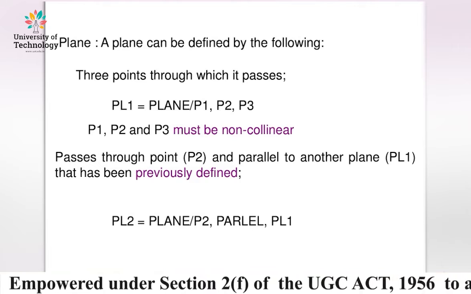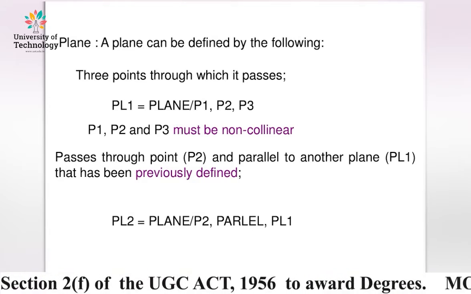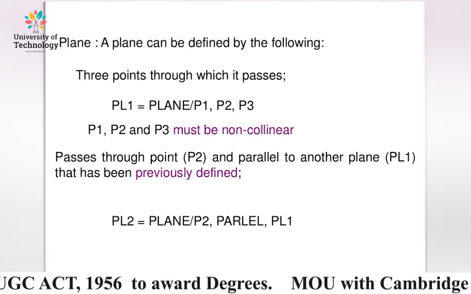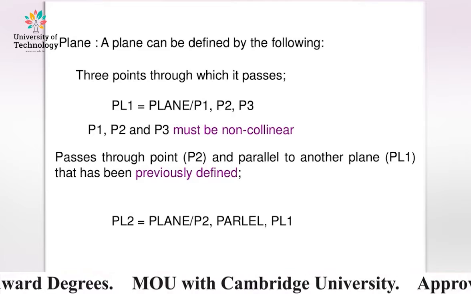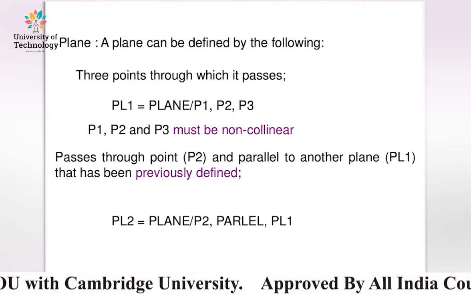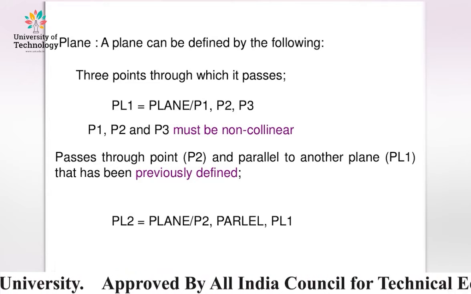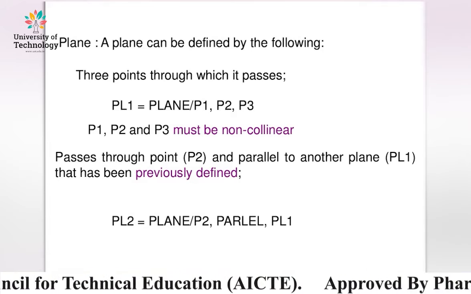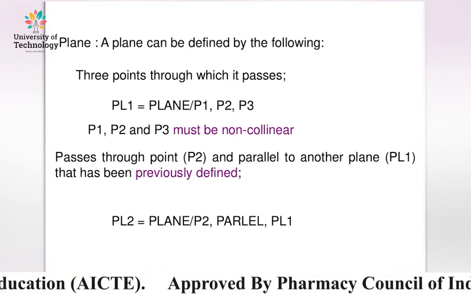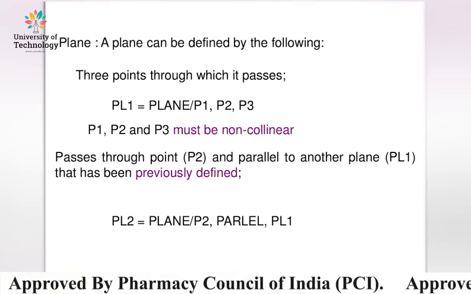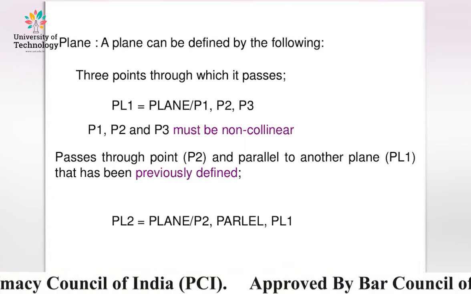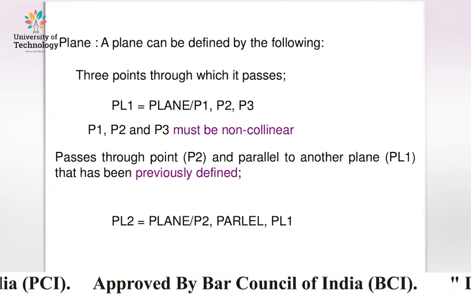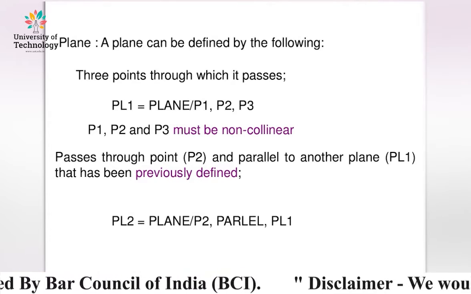Plane. A plane can be defined by 3 points through which it passes. Plane notation or symbol: PL1 equals PLANE slash 3 points, here P1, comma, P2, comma, P3. P1, P2 and P3 must be non-collinear.